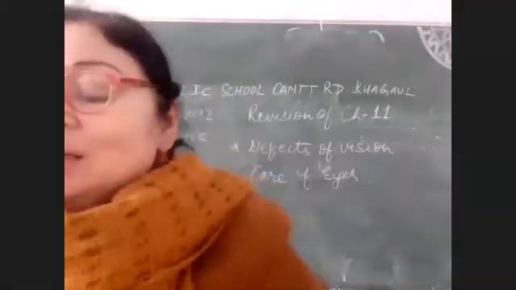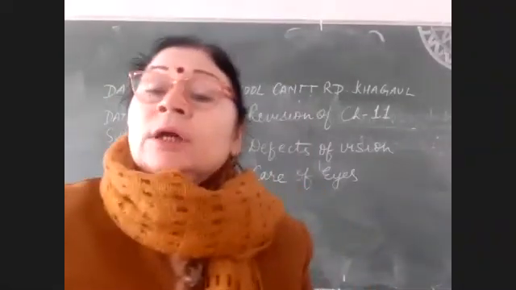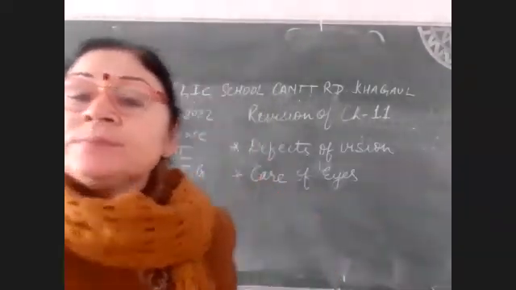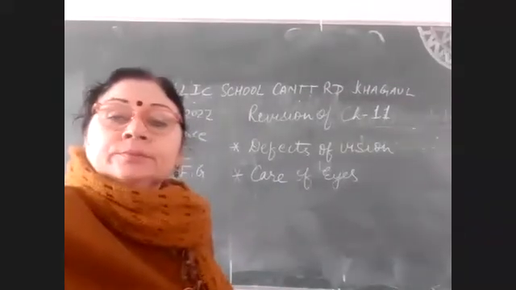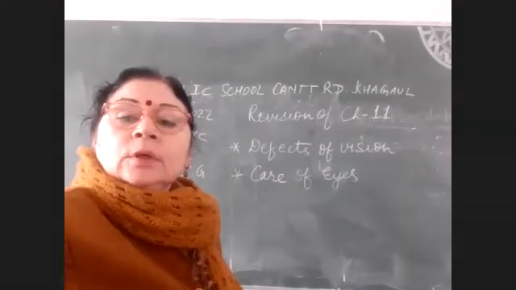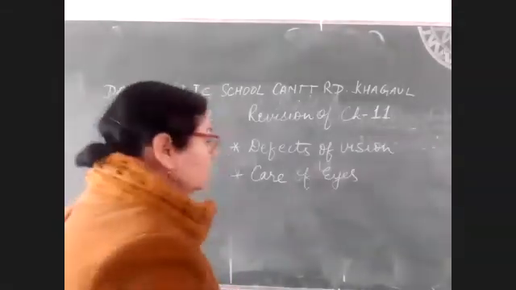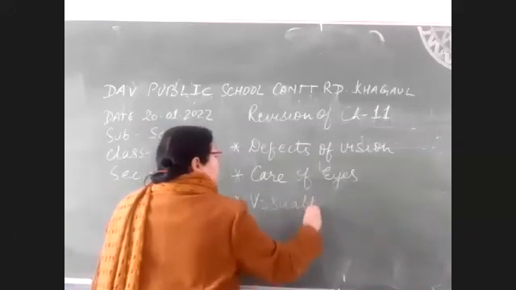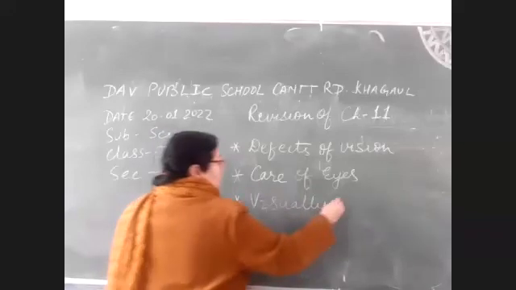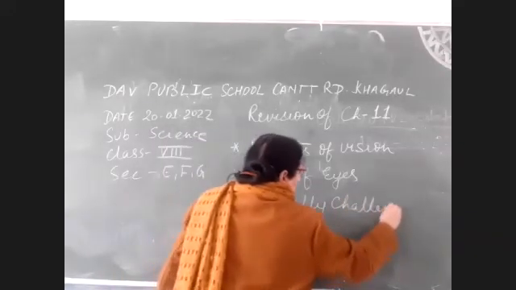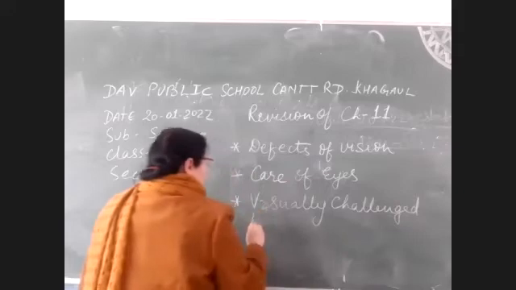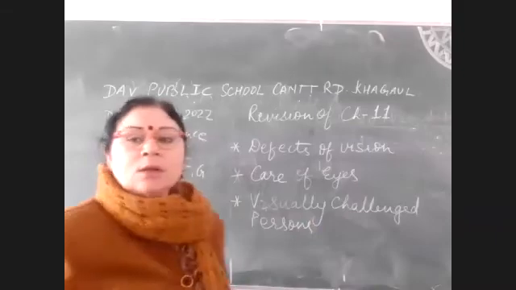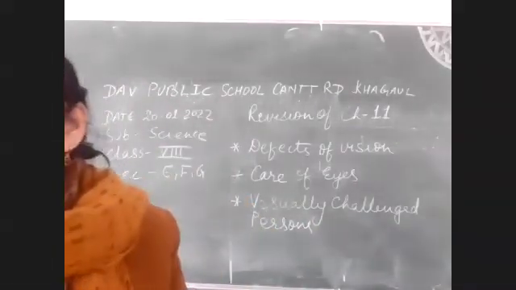So we have started the class and we are on the revision topic, that is defects of vision, care of eyes, then visually challenged persons. Children, these visually challenged persons are also a part of our society.